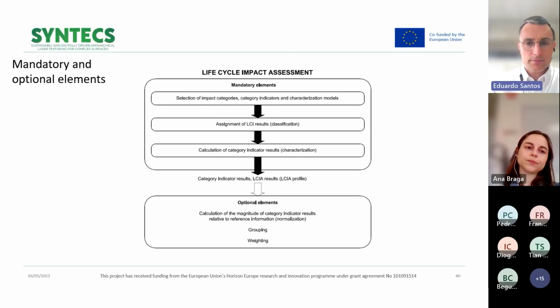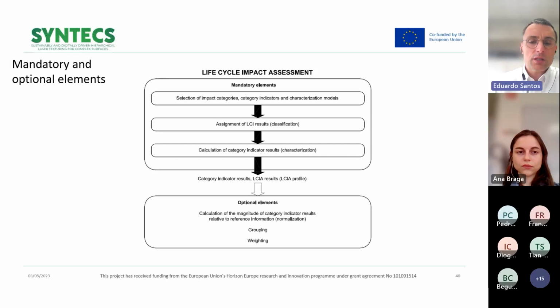So in this case, we connect this information with the indicator of the environmental impact factor that establishes the relation between the physical occurrence and the impact occurrence. And so these stages are mandatory. So when doing life cycle impact assessment, these stages are, of course, necessary.